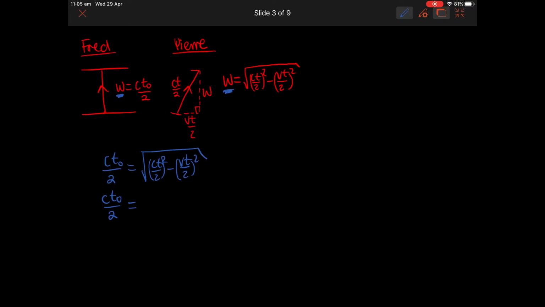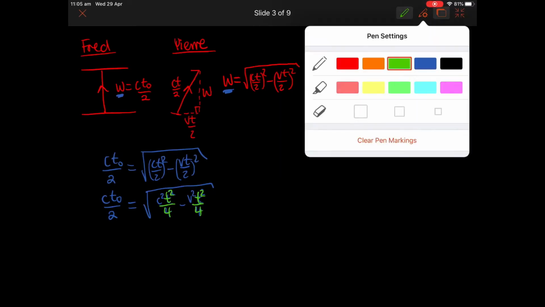Okay, we're going to simplify it a little bit by bringing that squared down into those brackets. So we end up with C squared T squared on 4, take V squared T squared on 4. And we notice here that we have a common factor of T squared all over 4.